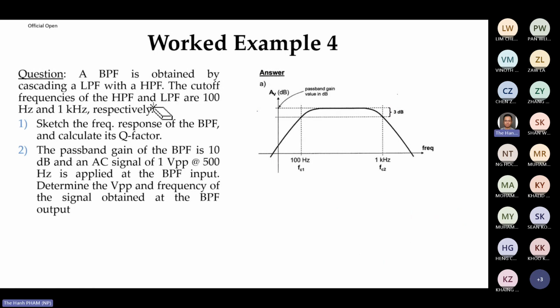So if you have the cutoff frequency of 100 Hz and 1 kilohertz, and this is a bandpass filter, then this is the frequency response. You have 100 Hz here, 1 kilohertz here. This is the top, and here you go down by 3 dB from the top, right?